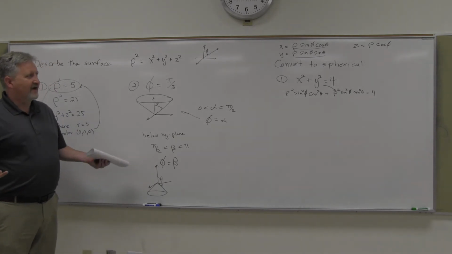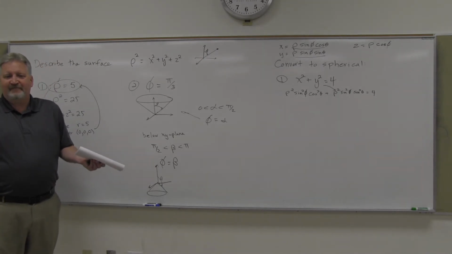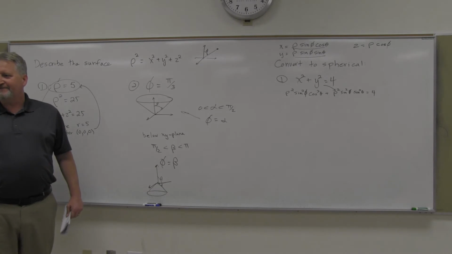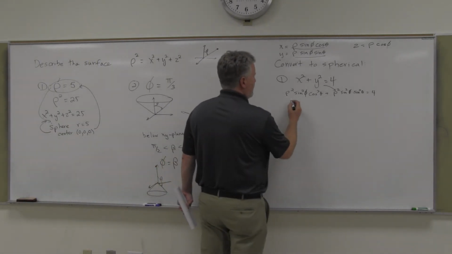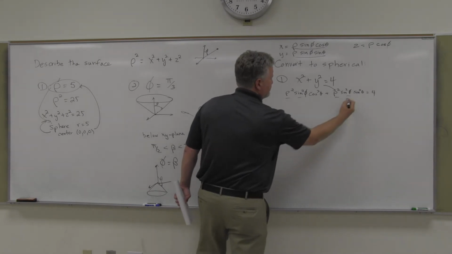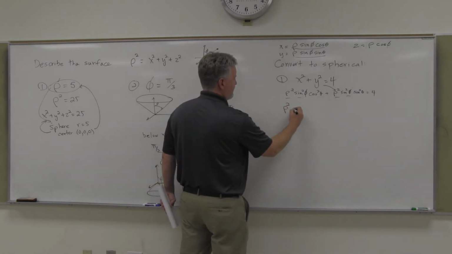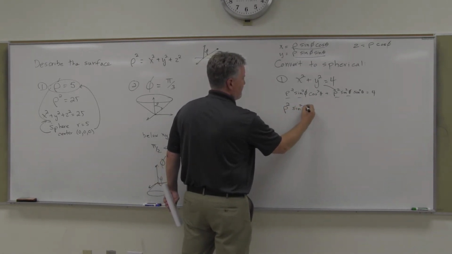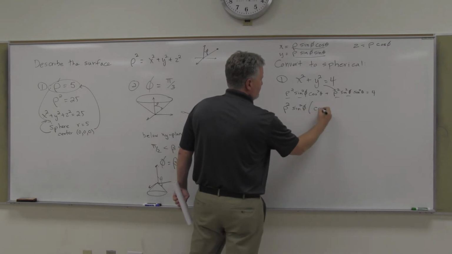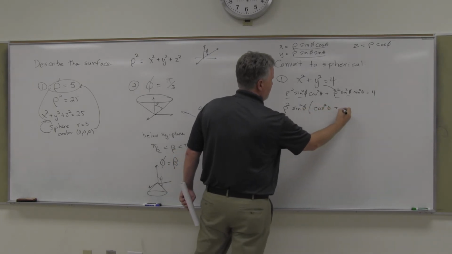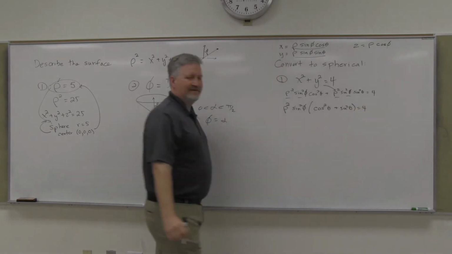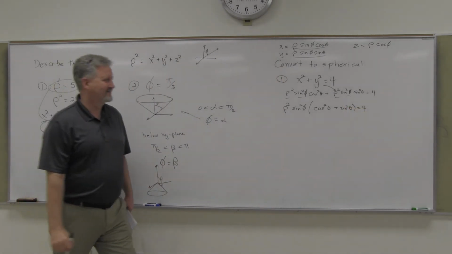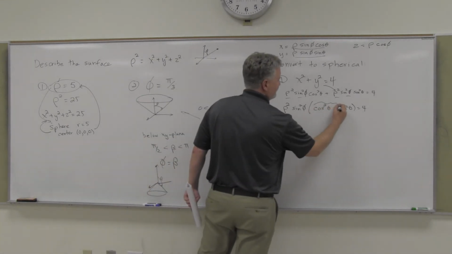That does the trick, but we can simplify it. Notice we can factor out the rho squared and the sine squared phi, which leaves cosine squared theta plus sine squared theta. What do we know about cosine squared plus sine squared? That equals 1.